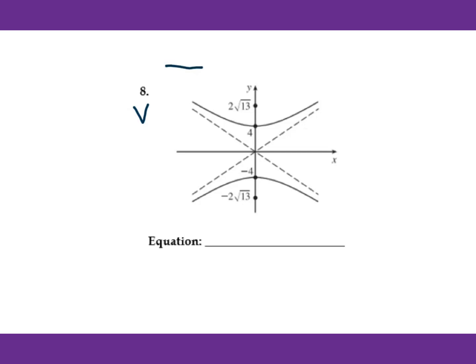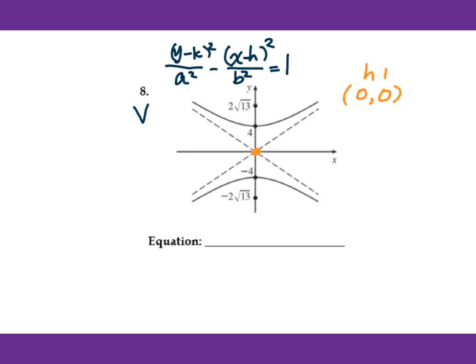So the pattern of an equation will be (y minus k) squared over a squared minus (x minus h) squared over b squared equal to 1. From the given information, we know (h, k) is (0, 0). And a, vertex to the center, that's a equals 4.